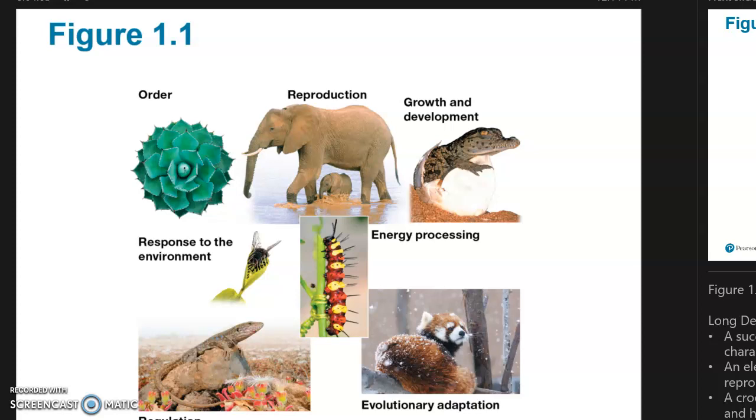Energy processing. So how do we get energy as humans? Food. And so we eat the food, and then we break down the food, and our cells are able to get ATP or cellular energy from that, and then the cells break down the ATP when they need the energy.